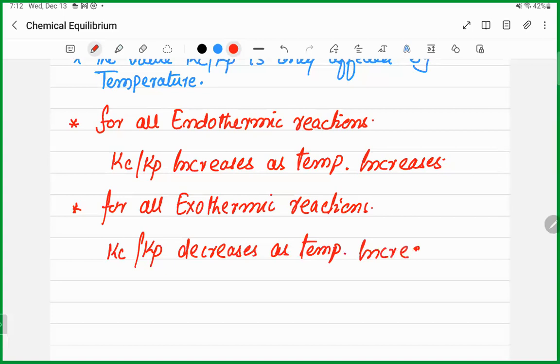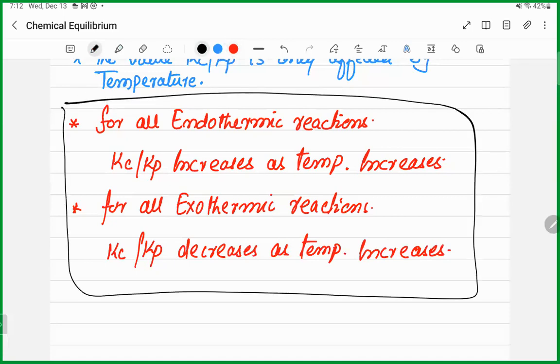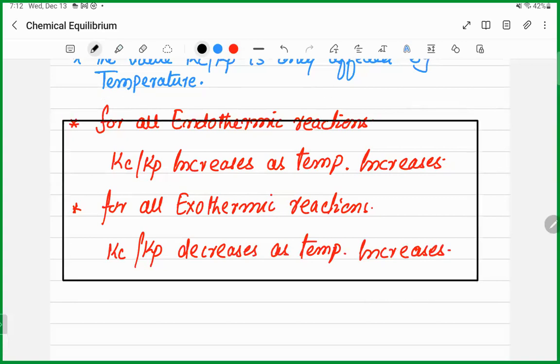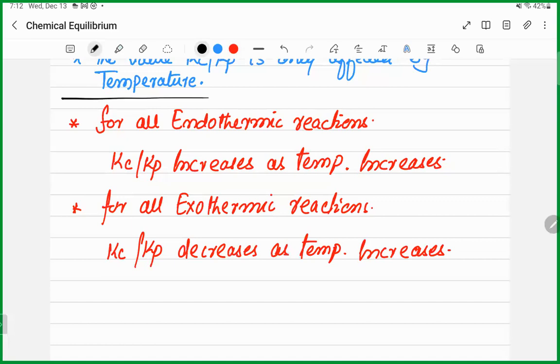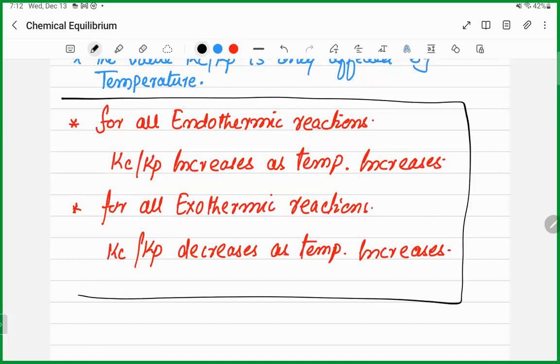Okay, so you should remember that the Kc and Kp value is only affected by temperature, and for an endothermic reaction Kc Kp increases with temperature. For an exothermic reaction Kc and Kp decreases with temperature.